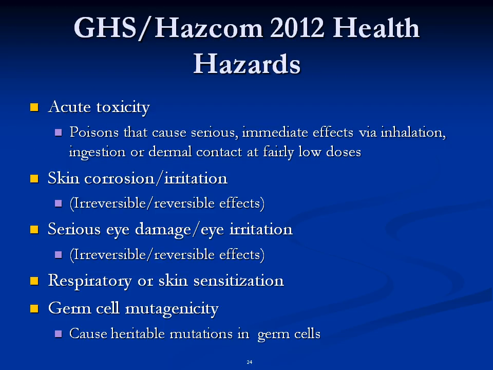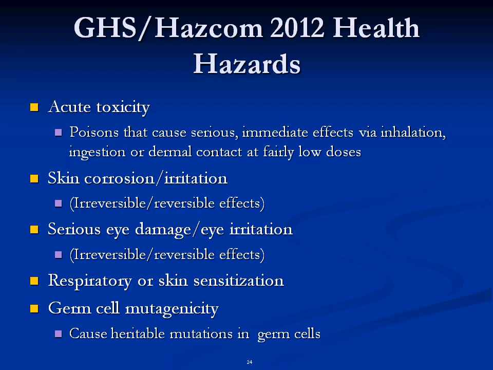The health hazards covered under the GHS also look to be more in number and more involved. But in fact, all of these hazards have been covered in the past, but were lumped into a large bucket called target organ effects. But we now include acute toxicity, which is poisons that cause serious and immediate lethality or serious health effects or death at fairly low doses.